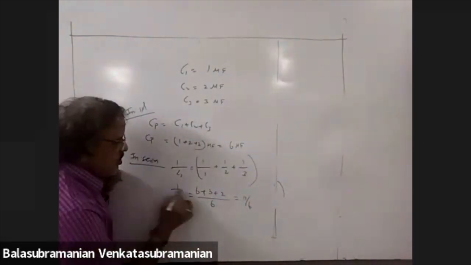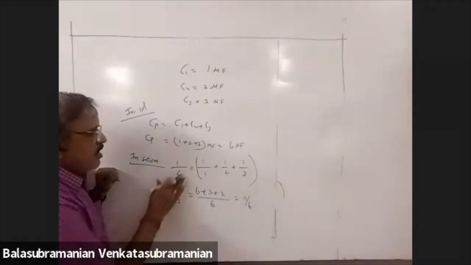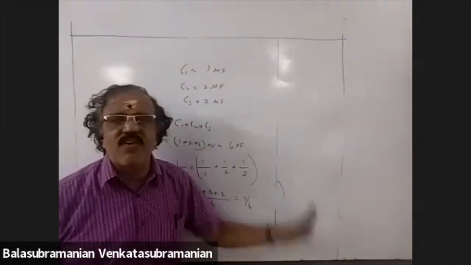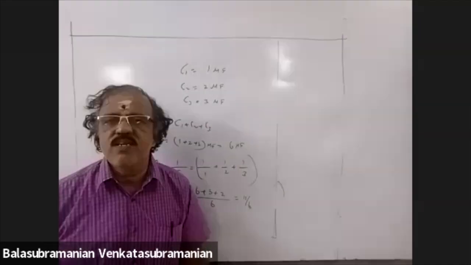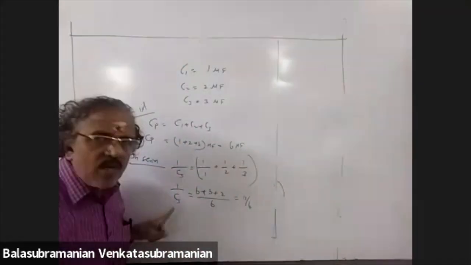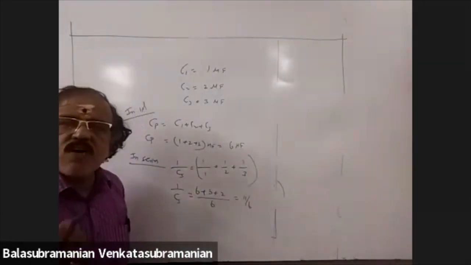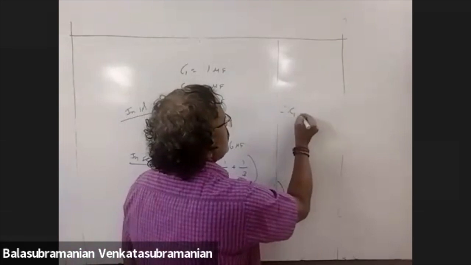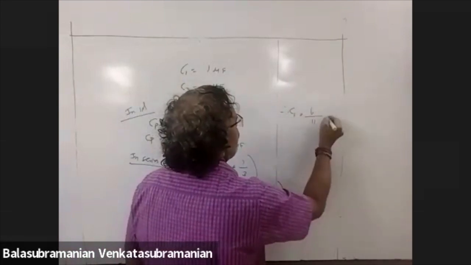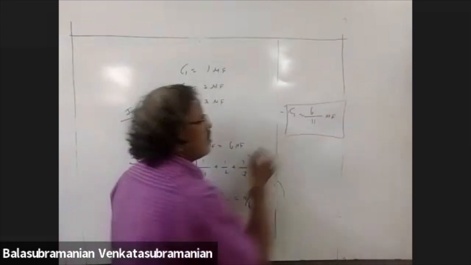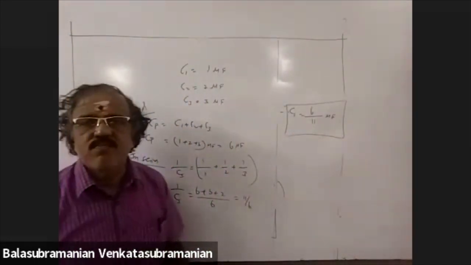Most of the students will write 1 by Cs is equal to 11 by 6 microfarad. That is the wrong value, because this is the reciprocal of the resultant. We want only the resultant. Therefore, Cs is equal to 6 by 11 microfarad.